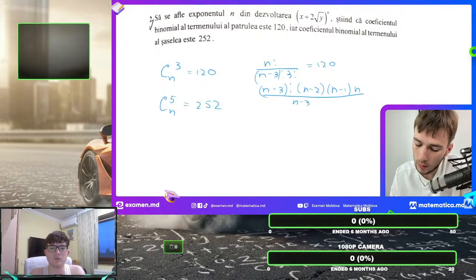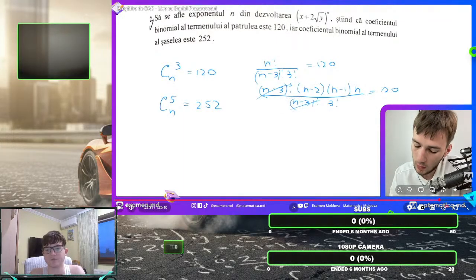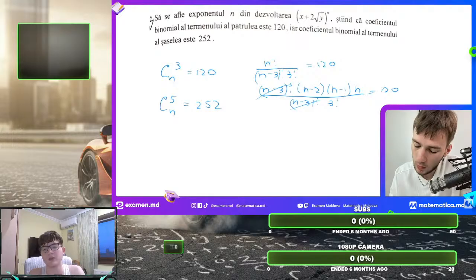Yes, boom. Alright. 120. Now below we're gonna have essentially 2 times 3, which is 6. And we can essentially simplify that, so we're gonna have all of that on top of a fraction equal to 20, right?